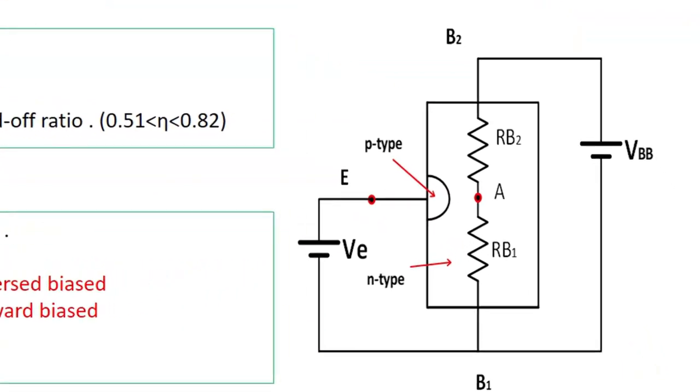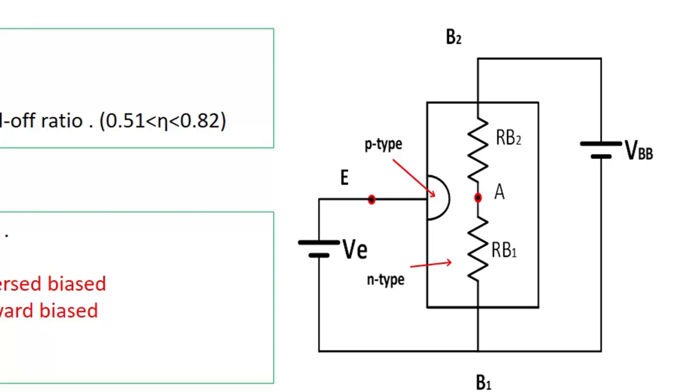Two voltage sources, VBB and VE, are connected here. VBB is connected across the two bases B1 and B2. VE is connected across the emitter. Now this P-type material along with the N-type base forms a PN junction.